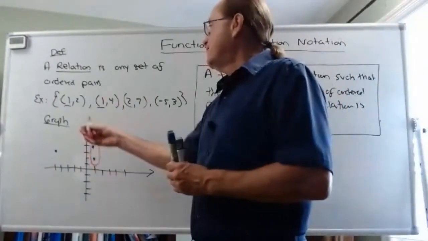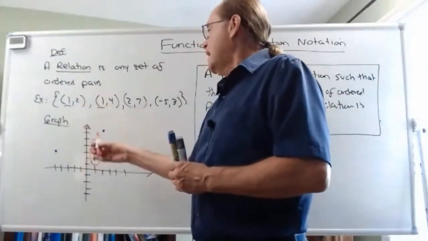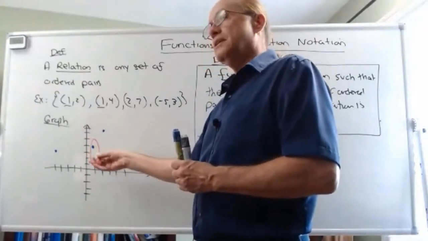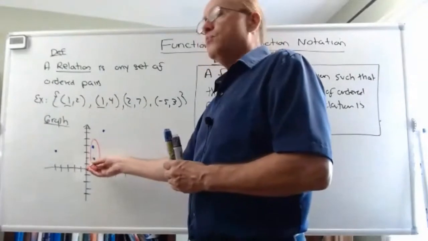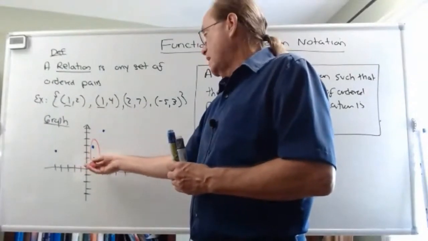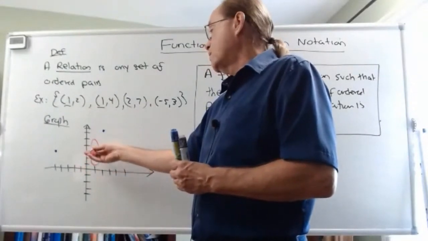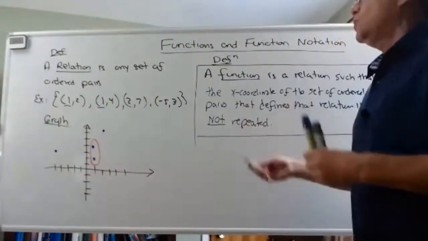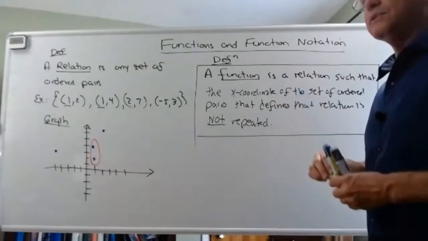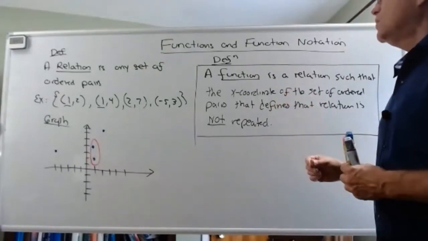Meaning, if I give my x coordinate, I'd like to know precisely where I'm going to go. But if I'm giving this x coordinate of 1, I don't know precisely where I'm going to go. I could go to the location y is equal to 2, or I could go to the location y is equal to 4. So it brings some ambiguity to things, and that's what the function concept would like to remove.